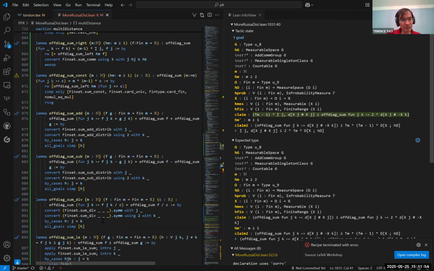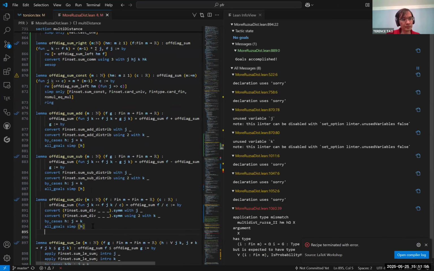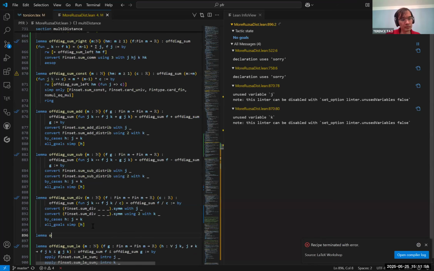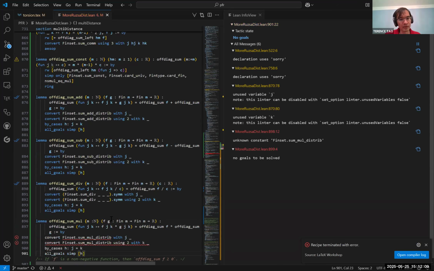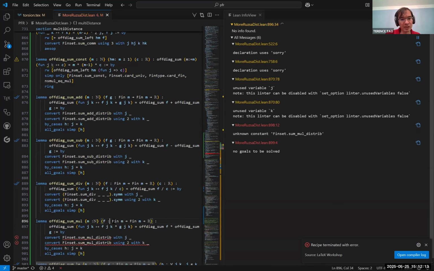I need a corresponding claim for multiplication. That's not what I want. Okay, that's not even true. What I want is to have a function and a constant. I want to say that I can pull out a constant. I need a bound like this.